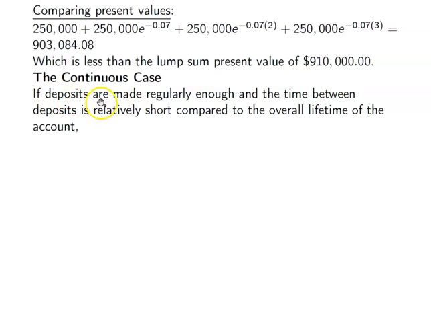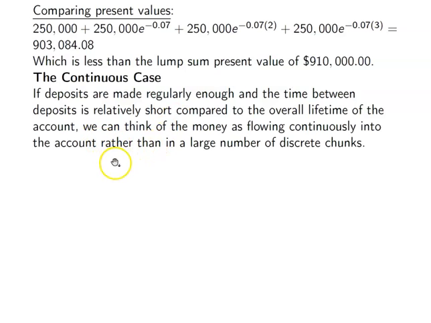If deposits are made regularly enough and the time between the deposits is relatively short compared to the overall lifetime of my account, then we can think of the money as flowing continuously, right? Basically, I'm getting paid regularly into this account at an interval that is very short compared to the overall lifetime.